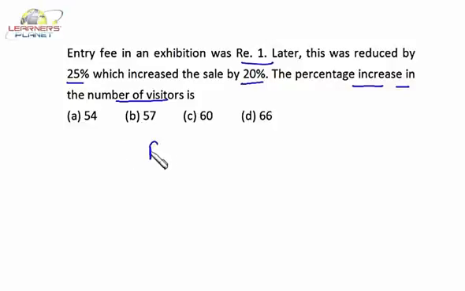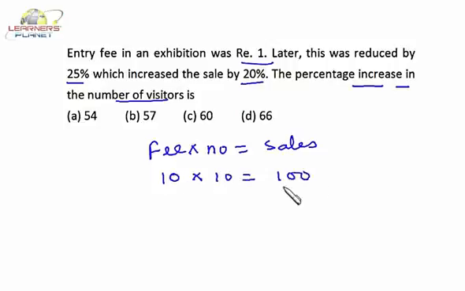So fee into number of visitors is equal to total sales. Now let's say the initial fee is 10 rupees. Instead of ₹1, we will assume it to be 10. Since we are calculating the percentage change, it doesn't matter if we take 1 or 10. So let's take it as 10, and number of visitors are 10. That means the sales is 100.